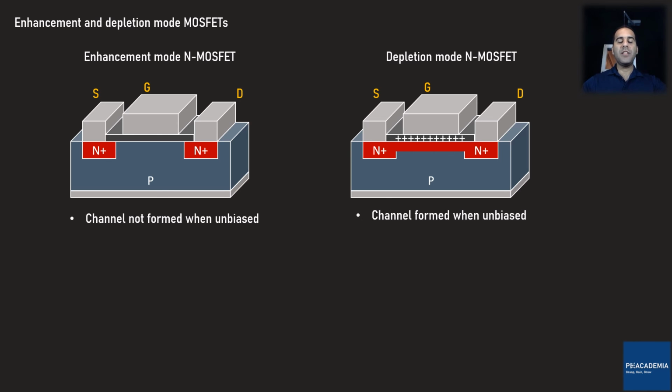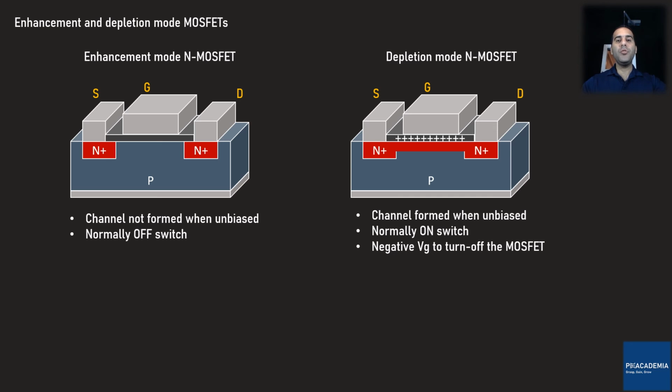So in power electronics, since we normally use MOSFETs as switches, it is a must to know that enhancement mode MOSFETs are normally off switches and the depletion mode MOSFETs are normally on switches. To turn off a depletion mode MOSFET, you need a negative voltage on the gate.